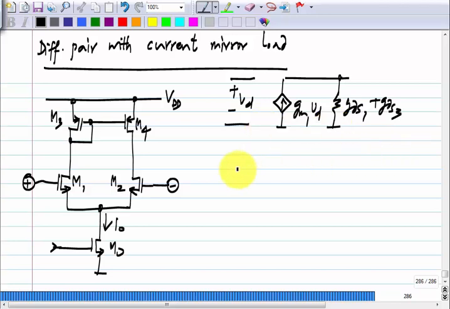And as far as the common mode signal is concerned, the common mode gain, what was this?